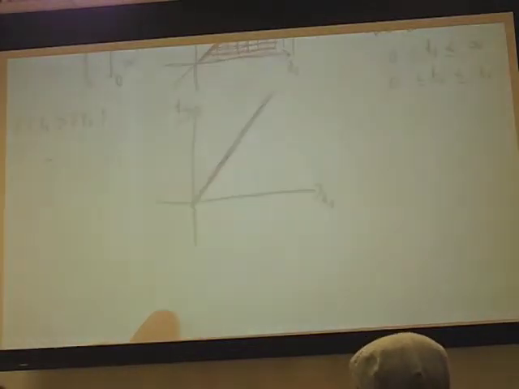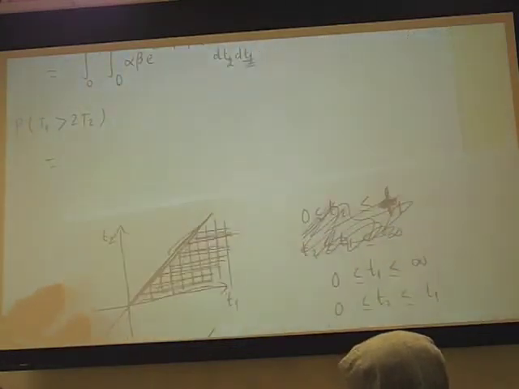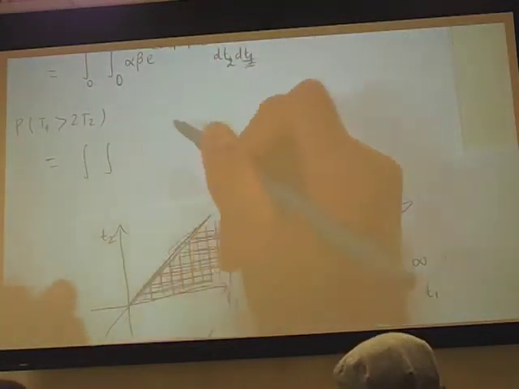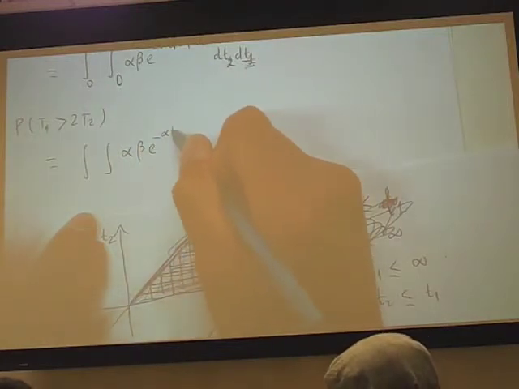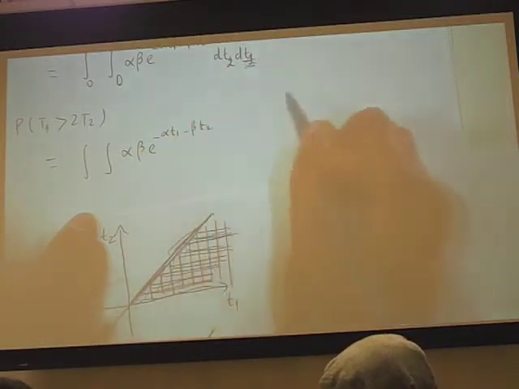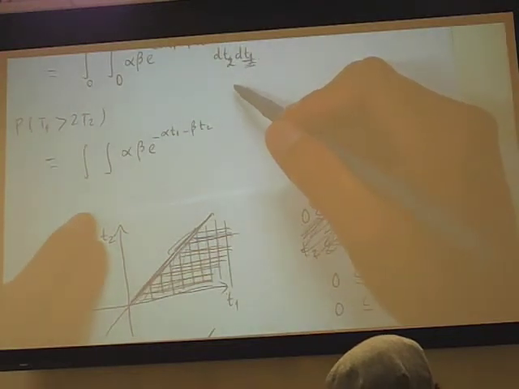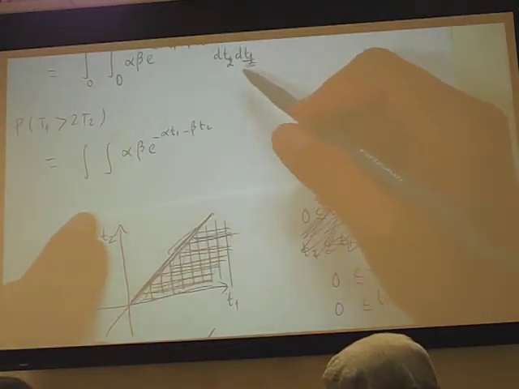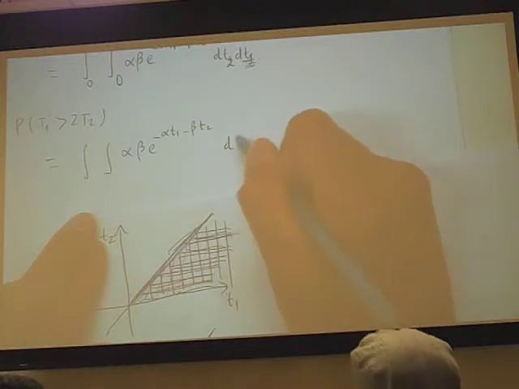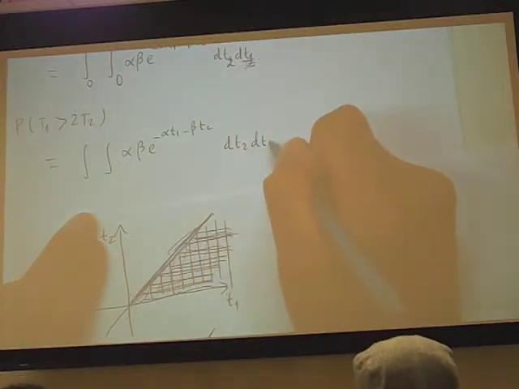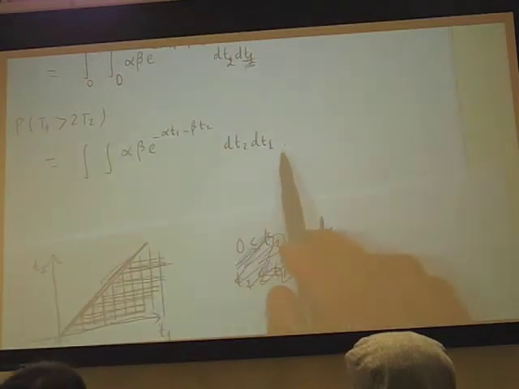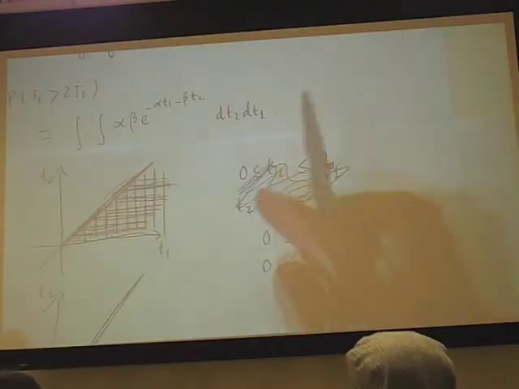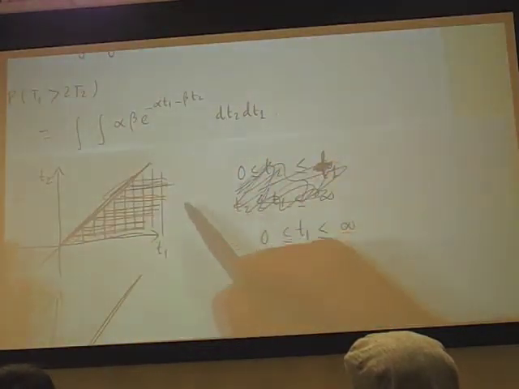Right? And now, therefore the regions right here, the function is still alpha beta e to the minus alpha T1 minus beta T2. And I learned my lesson already. It looks like better do dt2, dt1 as well, right? That means I want to use the vertical lines.